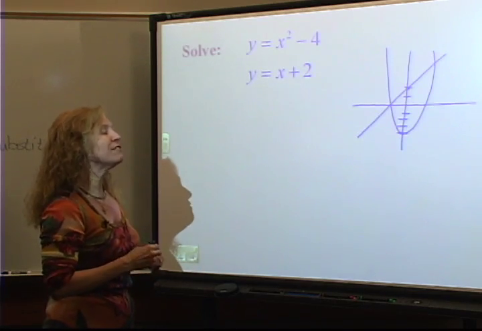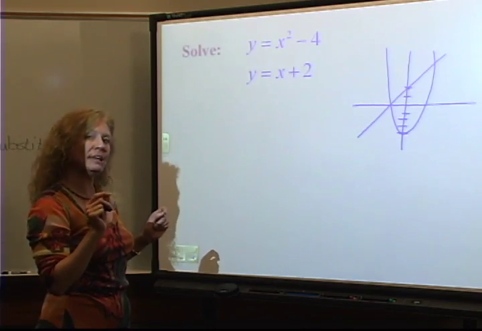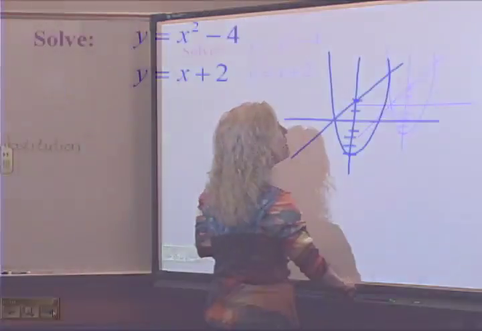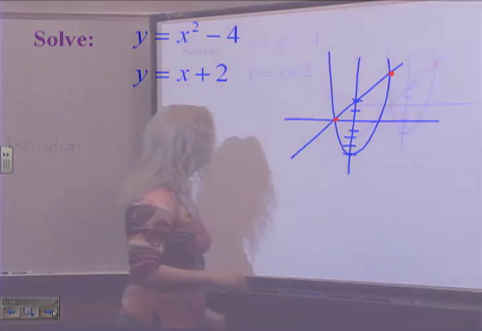Remember, I'm looking for ordered pairs that make both equations true. And that means that I'm going to probably have 2 solutions. Unless I've done a horrible job of graphing, there are 2 solutions to this particular system. And that's kind of interesting to know as we work through.